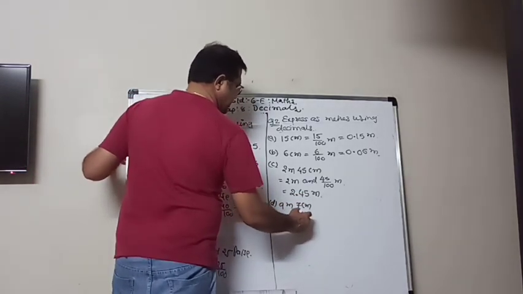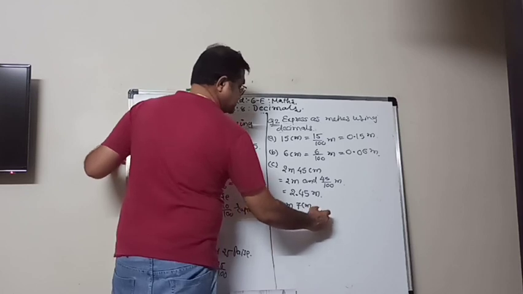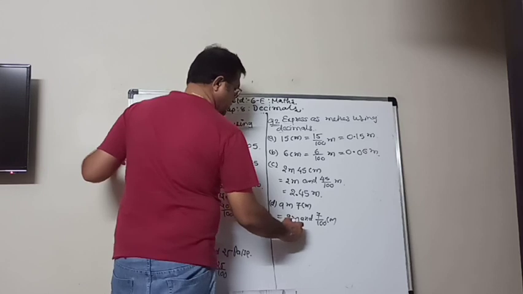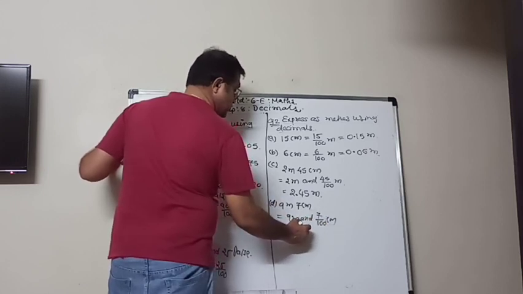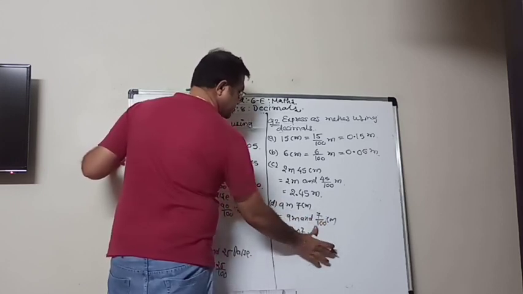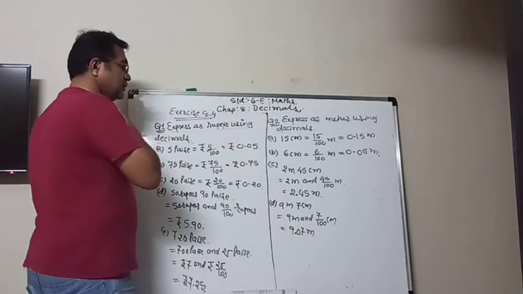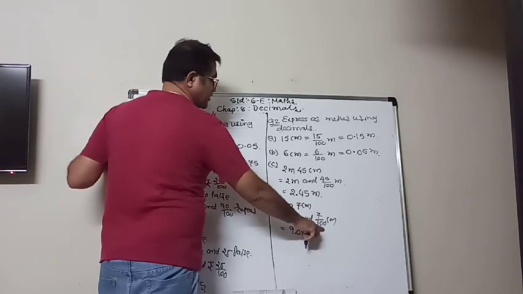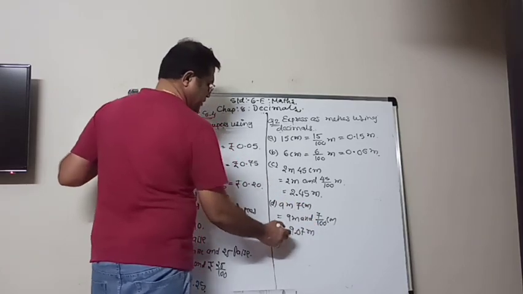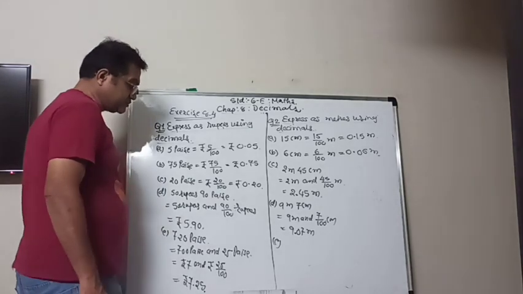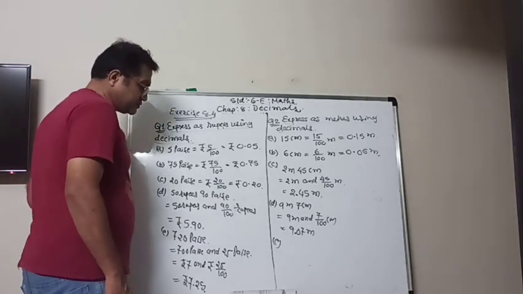That is 9 meter and 7 upon 100 meter, so 9.07 meter. So here it is very important to write it as 7 upon 100, then you will be giving the right answer.